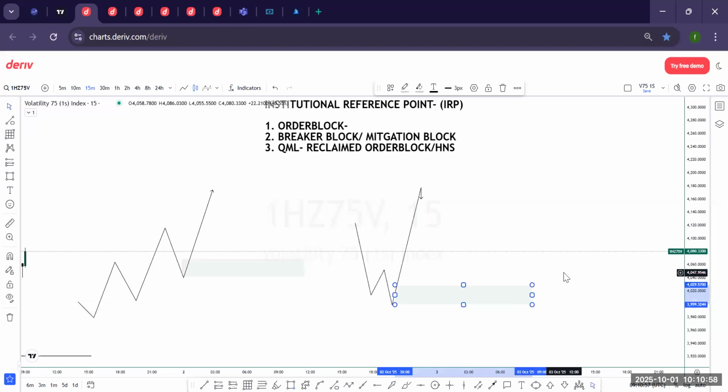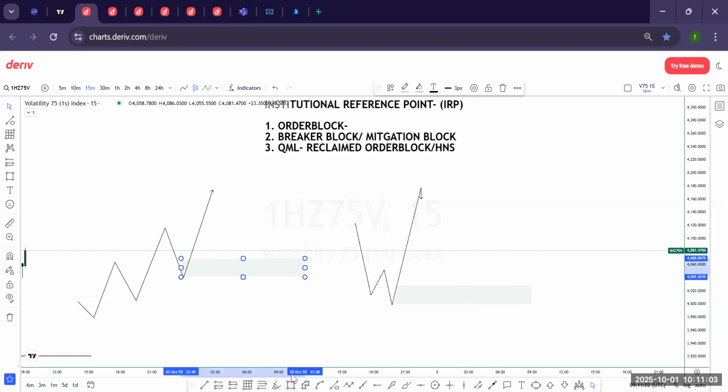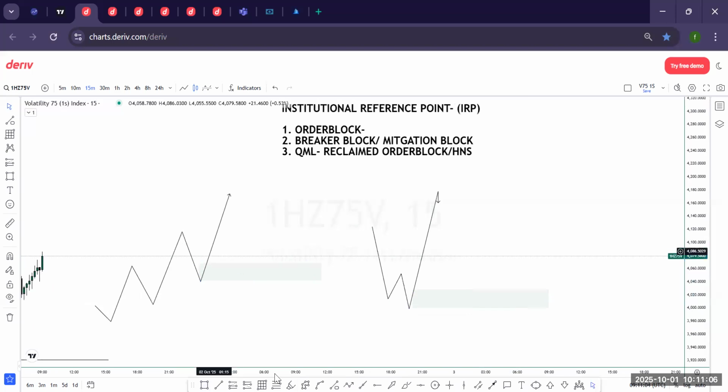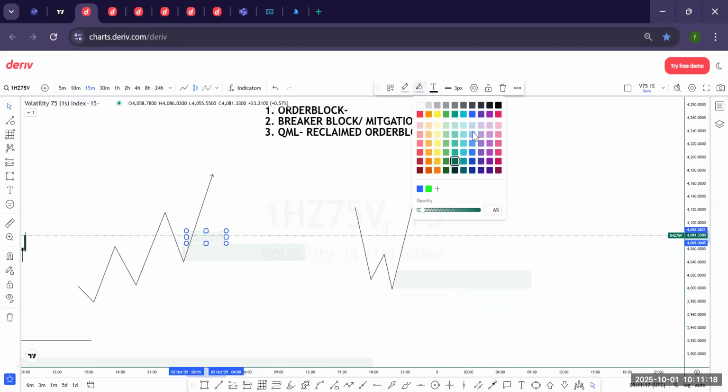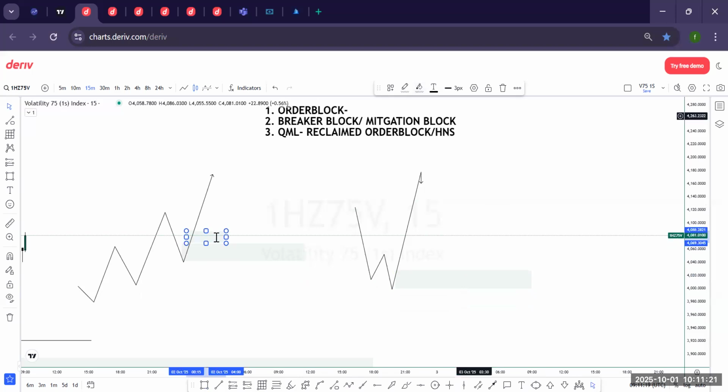Most times, whenever you have an order block, let's say you have an inducement, or let's say you have a fair value gap before the order block. Let's say you have this fair value gap before the order block. Even though there's no liquidity sweep, as long as your order block is carrying a fair value gap, please take this: the order block is 100% valid.